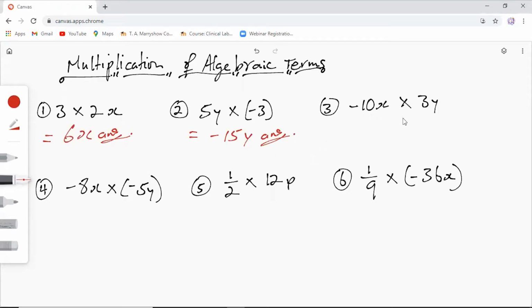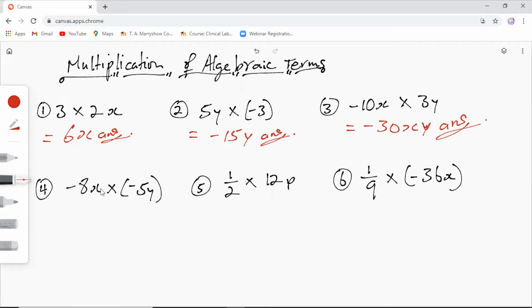Okay. Then number 3 says negative 10x times 3y. Negative 10 times positive 3 is negative 30. And x multiplied by y is xy. So negative 30xy. Okay, that's our answer there. Right, so those are quite easily done. Let's continue.